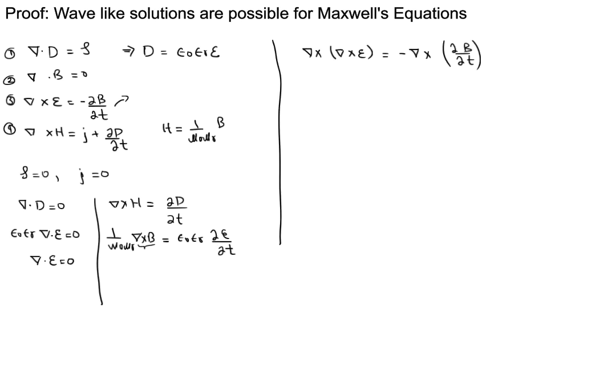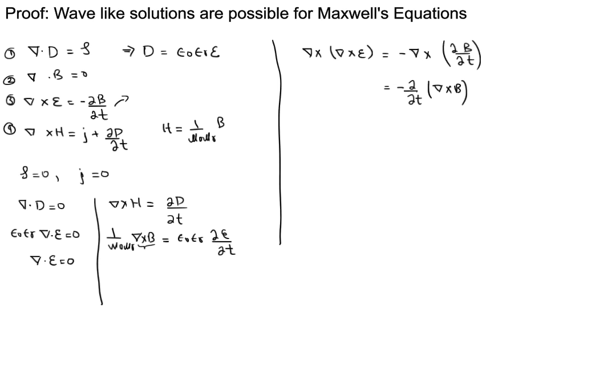Since these are both operators, del and partial t, we can interchange their positions, and we can write minus partial over partial t of del cross B.